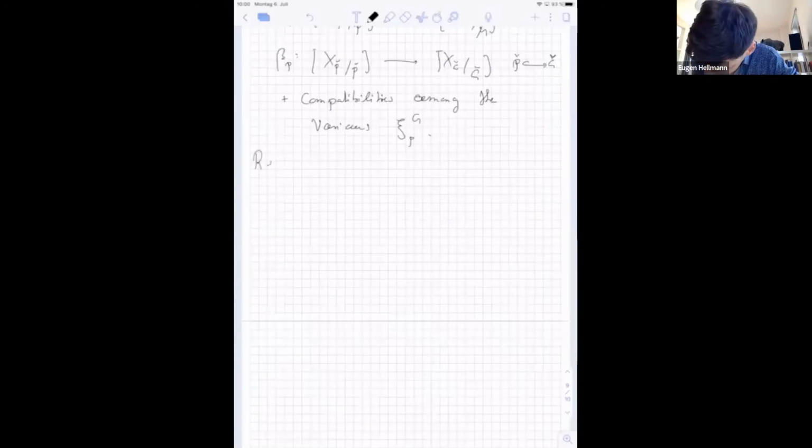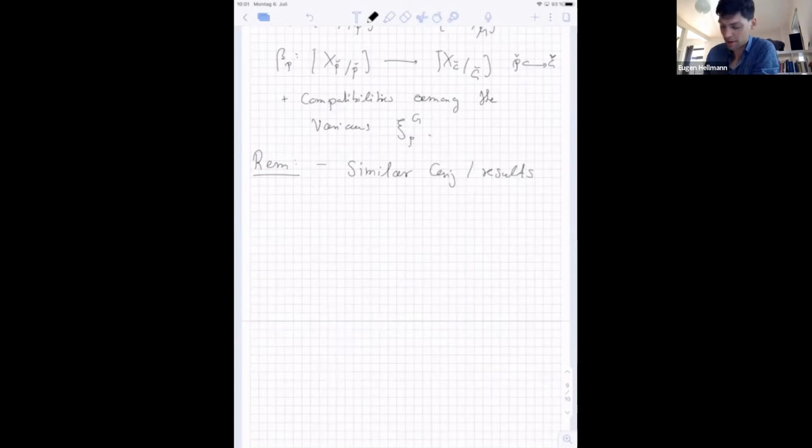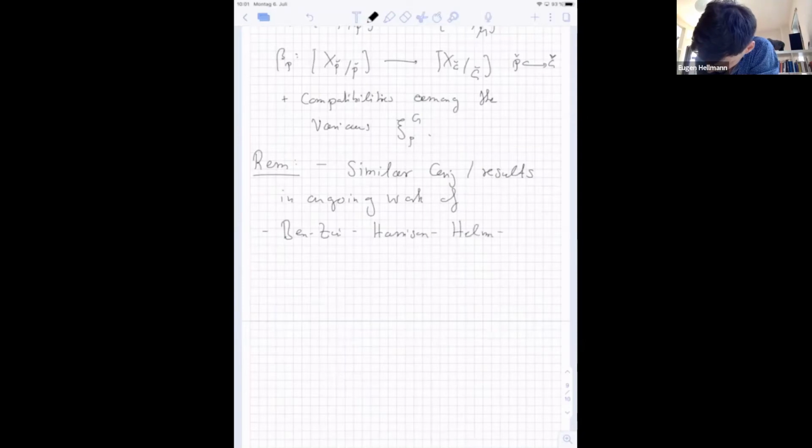The first, maybe important, remark is that similar conjectures or results have been around in the past years, namely in ongoing work of, on the one hand, David Ben-Zvi, then Harrison, Helm, and Nadler.